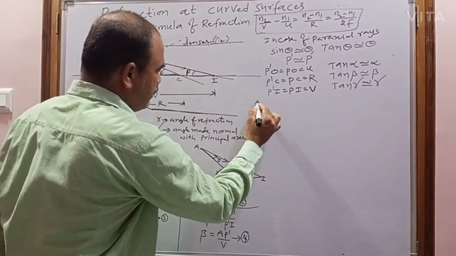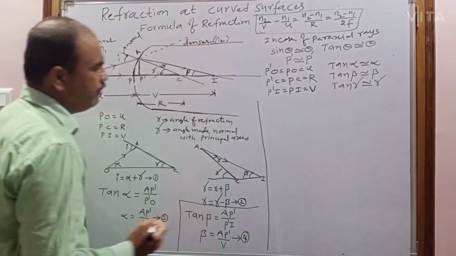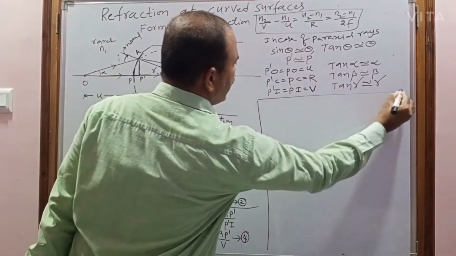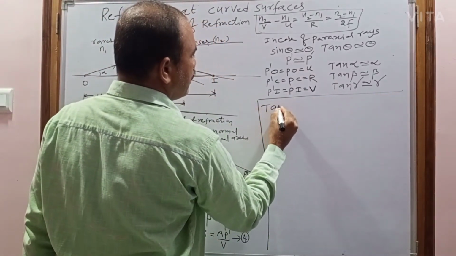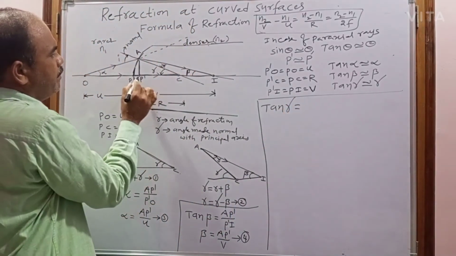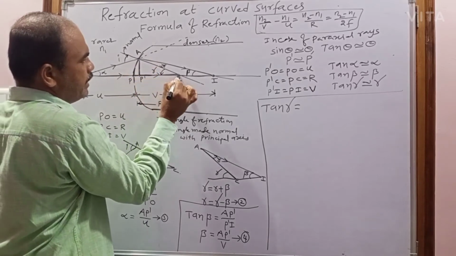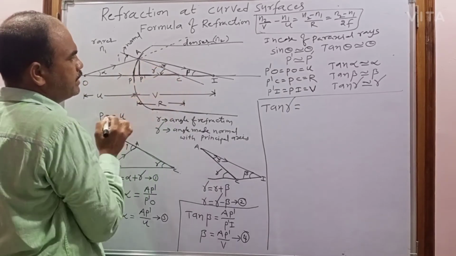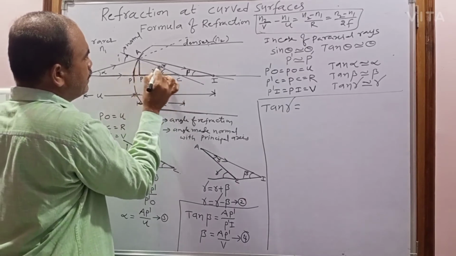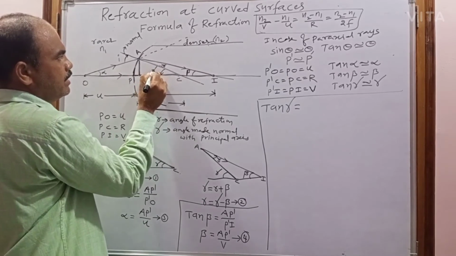Next I am finding the tan gamma. To find the tan gamma, I am taking the right angle triangle AP dash C. This is a right angle triangle, and this is the gamma.